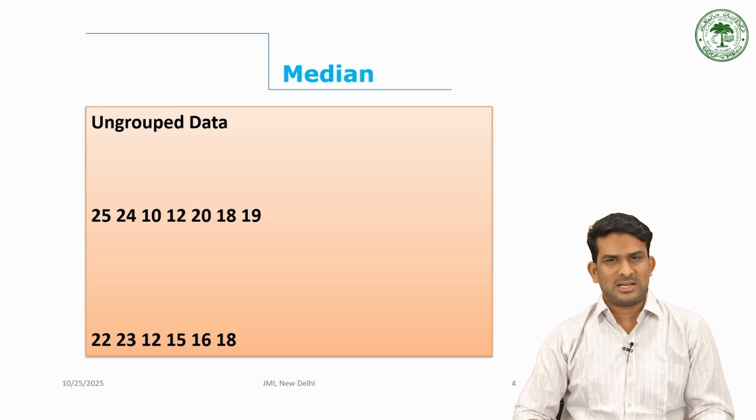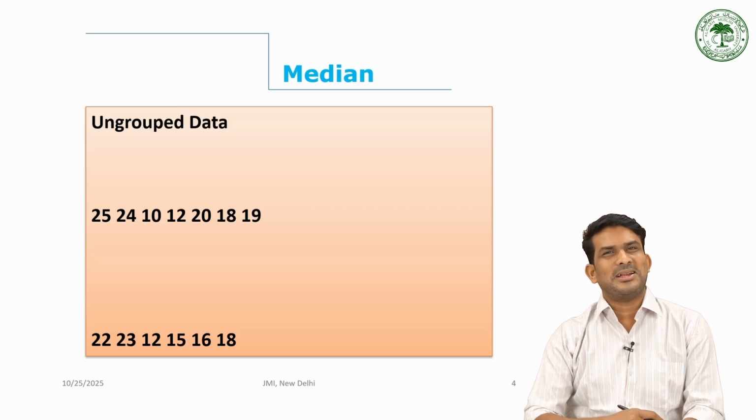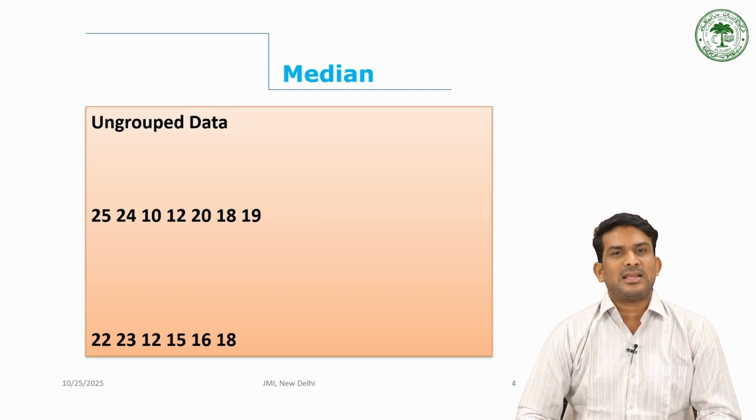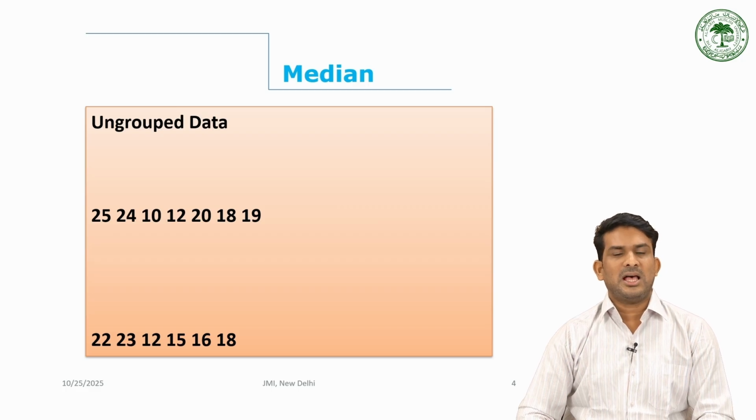For an ungrouped data, how do we calculate median? I have just given some examples here. You know what is ungrouped data? Data is not grouped and given as such without any arrangement. That is known as ungrouped or raw data. See the data I have: 25, 24, 10, 12, 20, 18, 19. These are the scores.